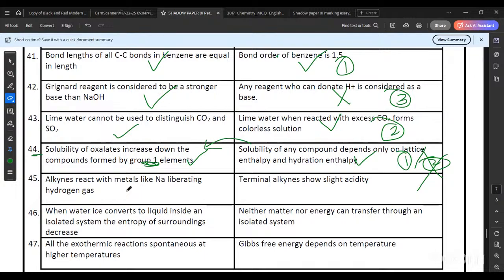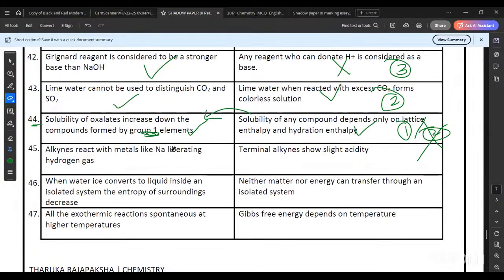Correct or wrong? The 45th statement is wrong.